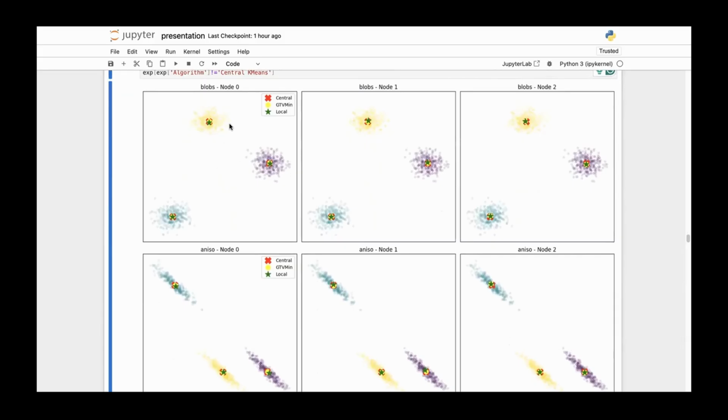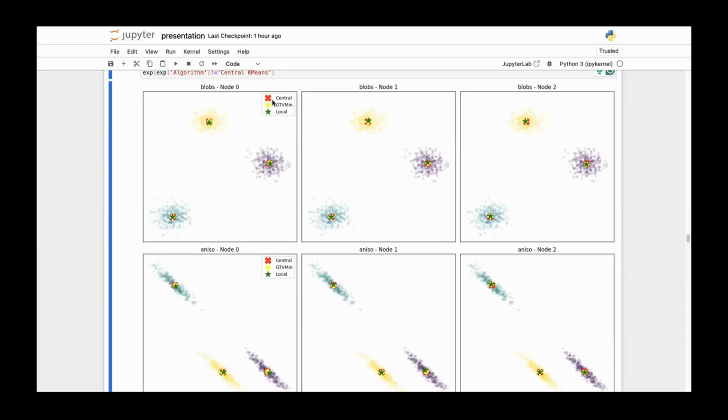For this first row, on blobs dataset, each subplot represents the results from one node. So node 0, node 1, and node 2. And we get the final round of centroids from 3 methods. Red cross, which is central k-means.